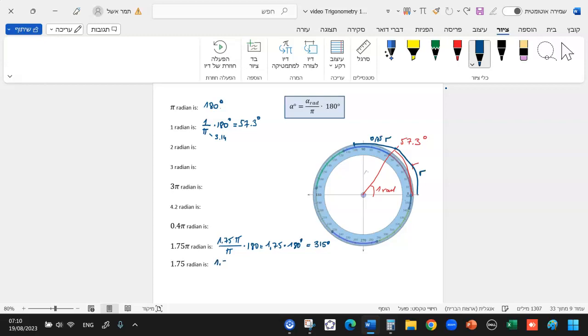And it's equal to 1.75 over pi times 180. That is 100.26 degrees. And this is it. This is the 100.26 degrees.